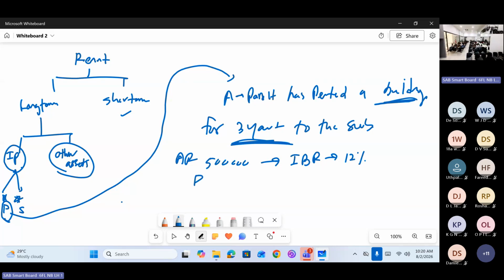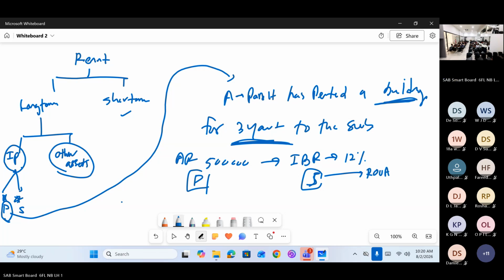Parent and subsidiary. Now you should understand how they have recorded it in the books of both parties. After identifying both parties' books, then you need to set off all these things. You need to identify both parties' accounts. Right? Subsidiary has recorded ROUA.